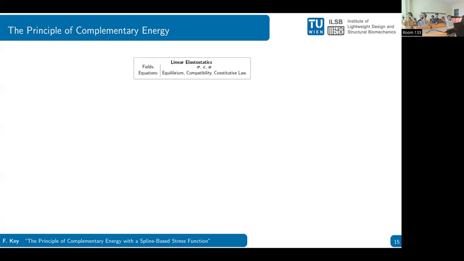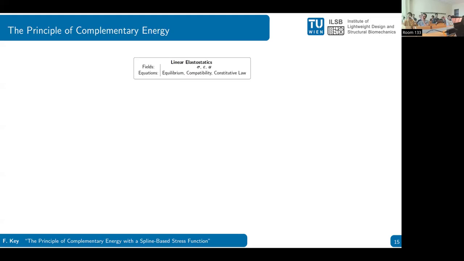And just to give you a little bit of context, because the most popular are displacement-based finite elements, and what are the relations, I would like to go to this visual way. So we have generally in linear elastostatics the three fields, the stresses, the strains, and the displacements, and we're interested in one of them or all of them.